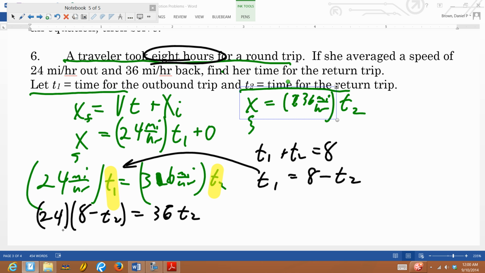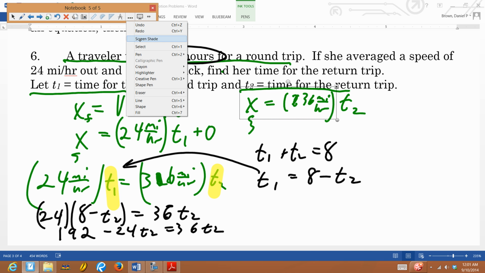As I distribute this out, 24 times 8, let's see, 192, hopefully that is correct, minus 24, T2, equals 36, T2.